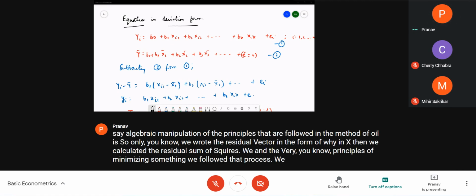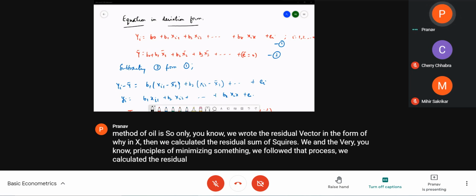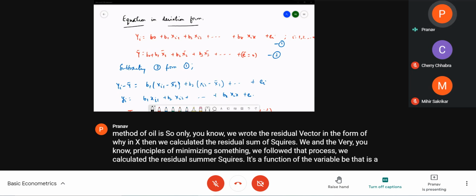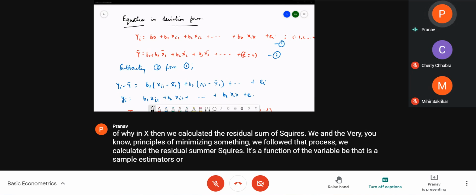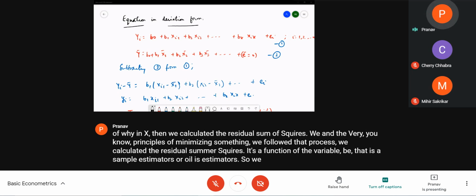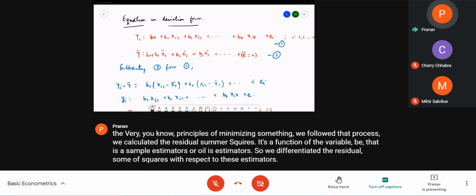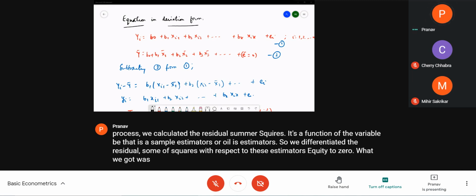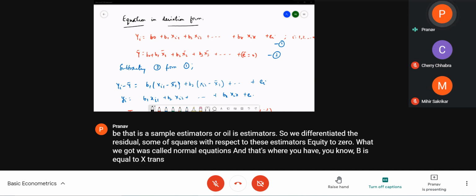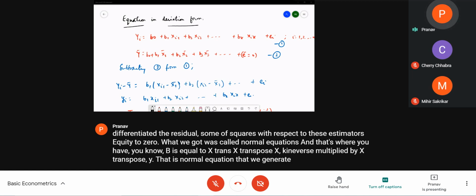It's a function of the variable b, that is your sample estimators or OLS estimators. So we differentiated the residual sum of squares with respect to these estimators and equated it to 0. What we got was called normal equations. And that's where you have b is equal to x transpose x inverse multiplied by x transpose y. That is the normal equation that we generate. And why is it called normal?